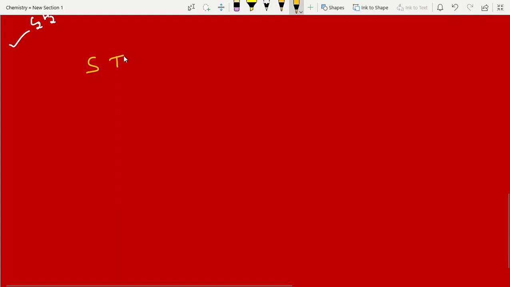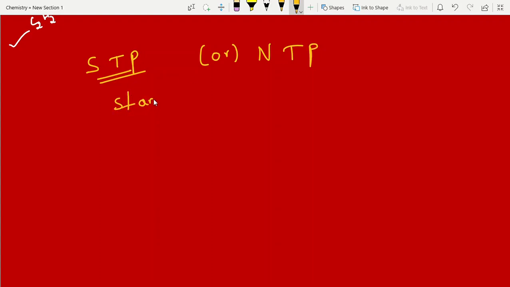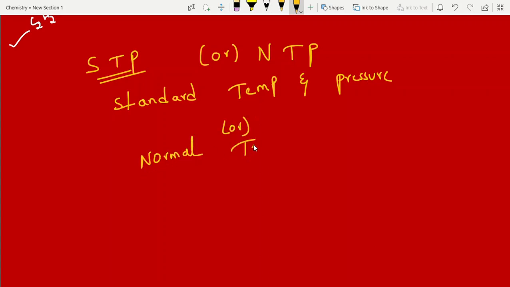STP conditions or NTP conditions: standard temperature and pressure, and normal temperature and pressure. Both are same.